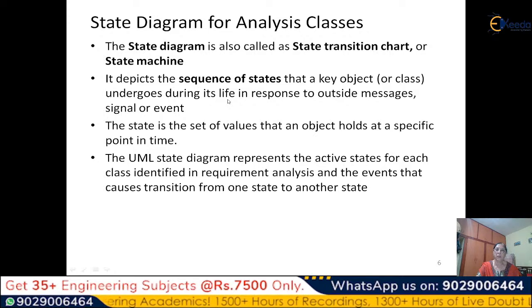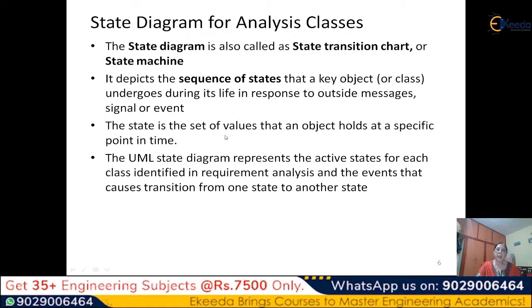So this is very important, the key object. We don't go for each object, but we go for the key object which often changes state. During the lifetime of the object, when it receives outside responses, what happens to it? Does it change the state? And if not, it is okay. If it is changing the state, then we have to create a state diagram for it.